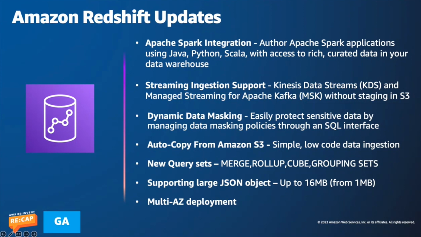One additional example is the Apache Spark integration, where you can author Apache Spark applications using Java, Python, Scala, with access to rich and curated data within the data warehouse created within Amazon Redshift, and also the multi-availability zone deployment capability.